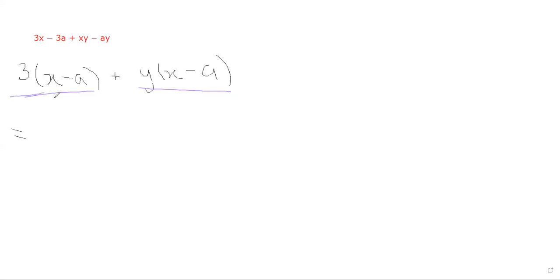Yes, not in the first one, but in the brackets, x minus a is common. Very good. Take x minus a common. Yes, write it in brackets.